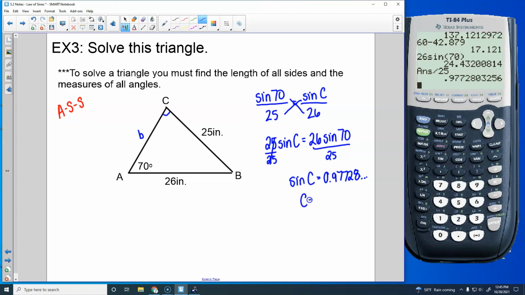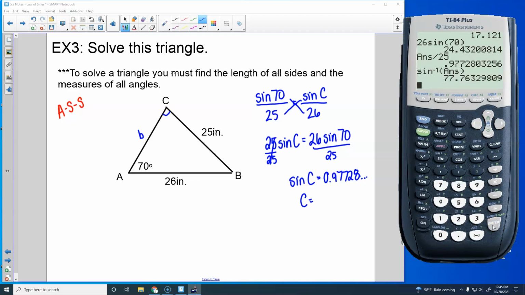Inverse. So I'm going to do sine inverse of that number, and I get 77.763. This is definitely a possible answer for C.